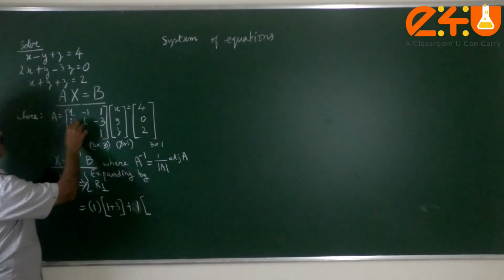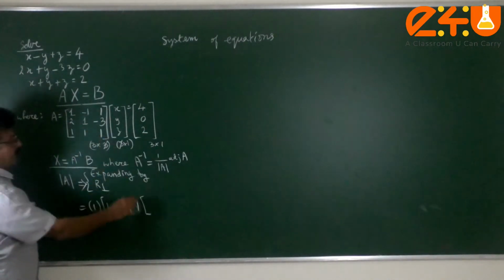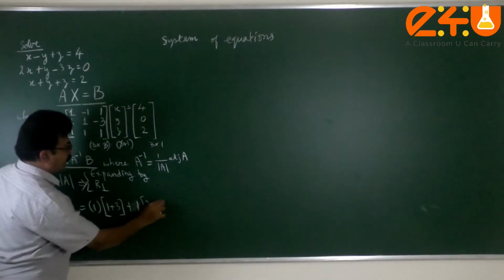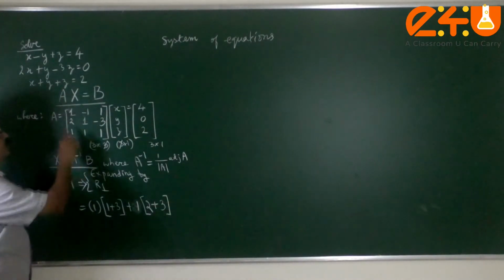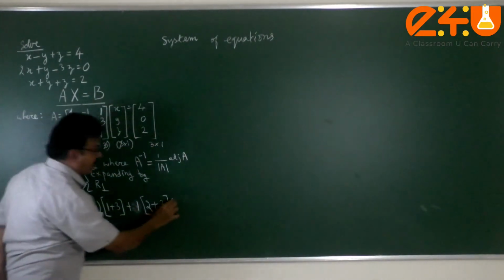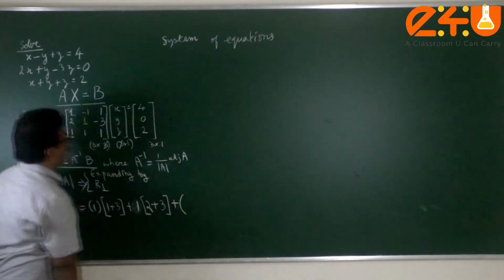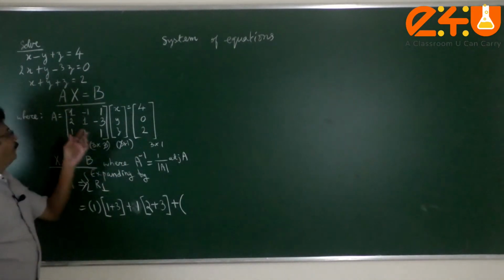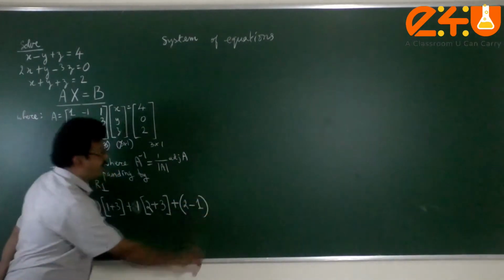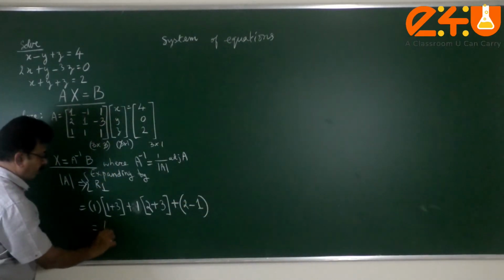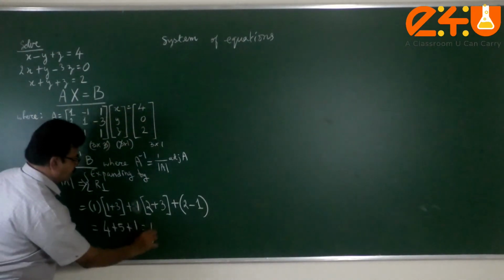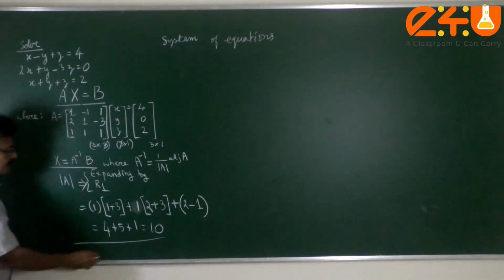The minor of that element is 2 times 1 minus of minus 3 into 1, so that makes plus 3. So it's 2 plus 3. And the third element 1 into, so the minor is 2 minus 1. So the values are 4 plus 5 plus 1. So determinant A is 10.